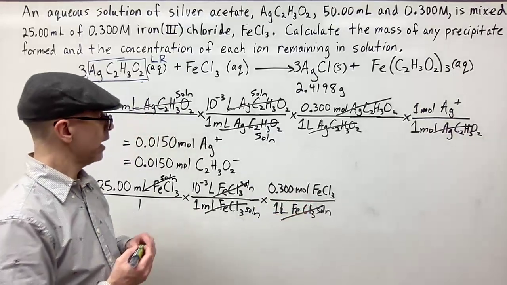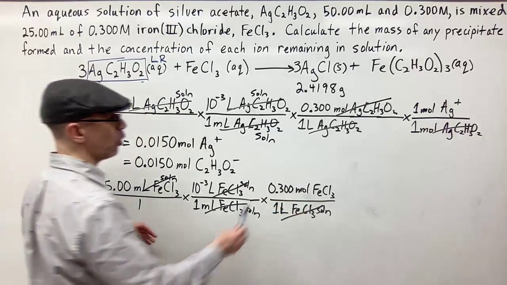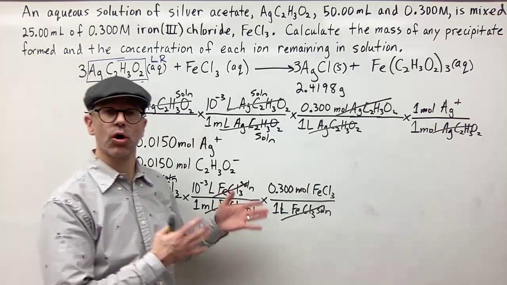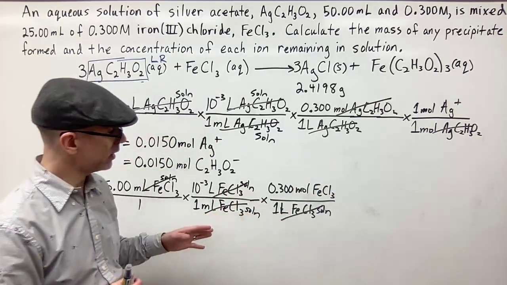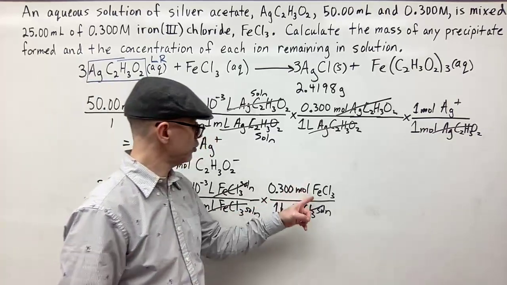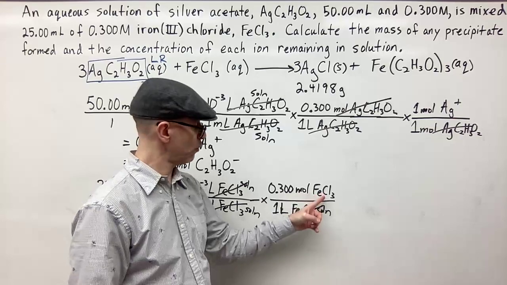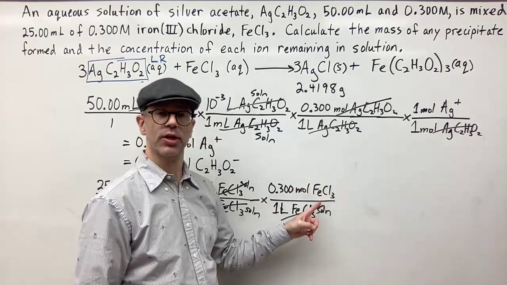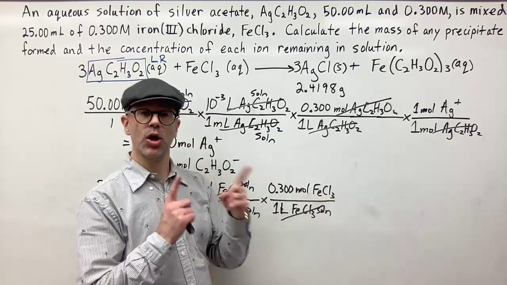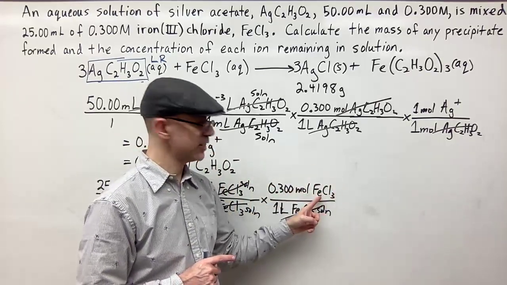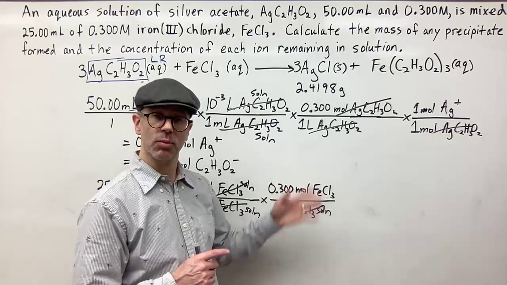So now I can convert moles of FeCl3 to moles of the iron or moles of the chloride ion. So I'm going to do iron. Iron, you could see, is a 1-to-1 ratio. So for every 1 formula unit, I get 1 atom. So it's a 1-to-1 mole ratio. For every 1 mole of the FeCl3, I get 1 mole of iron.